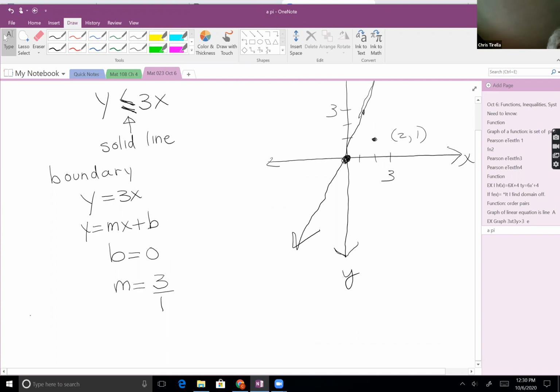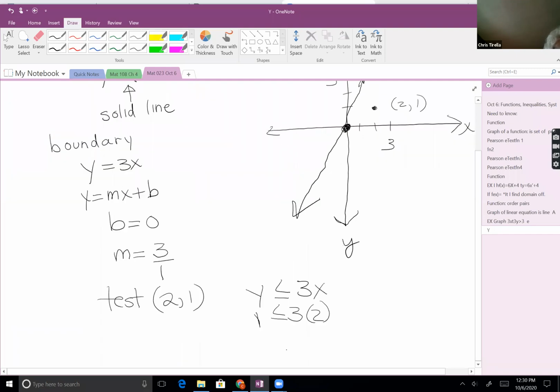If I test the point 2, 1 in my original equation, y is less than or equal to 3x, y is 1, x is 2, and that gives me 1 is less than or equal to 6.